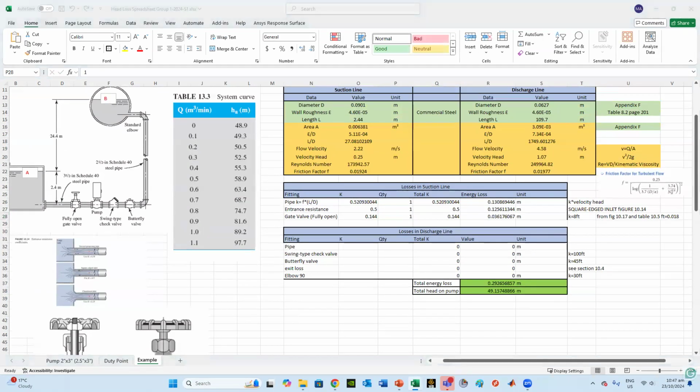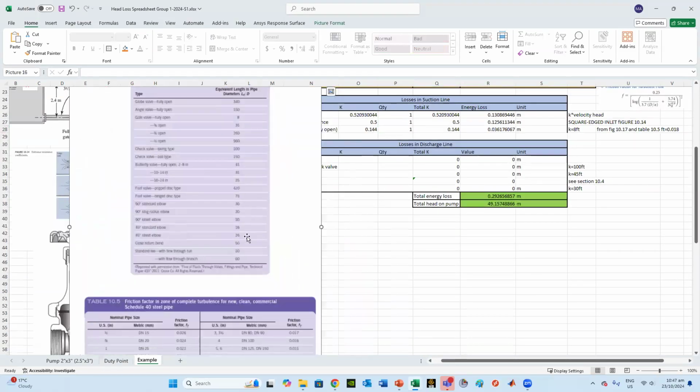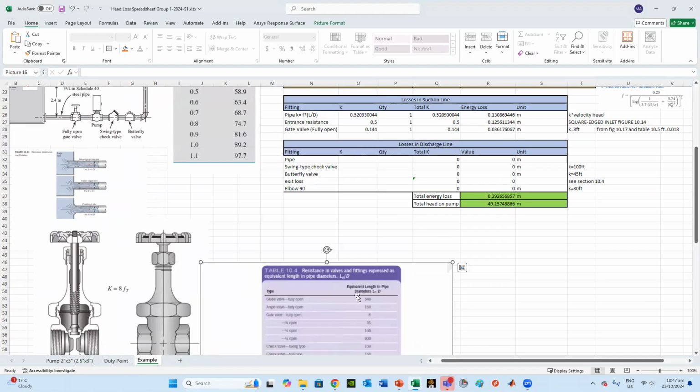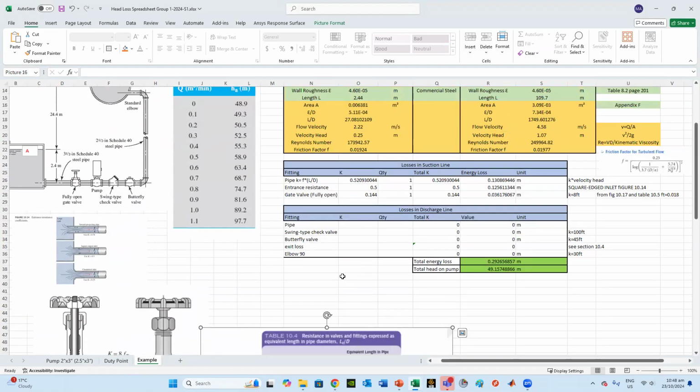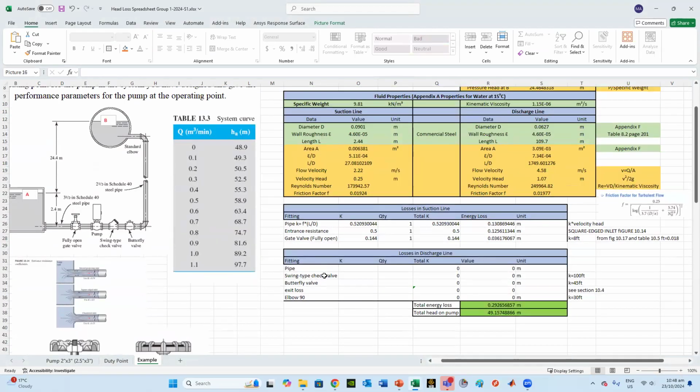And then you get the value 0.14. Sometimes you find that some textbooks have different values, but I'm following exactly what's given in this table. I think there is a slight difference between the SI units tables and the other one, the edition 7. It's all based on experimental values.